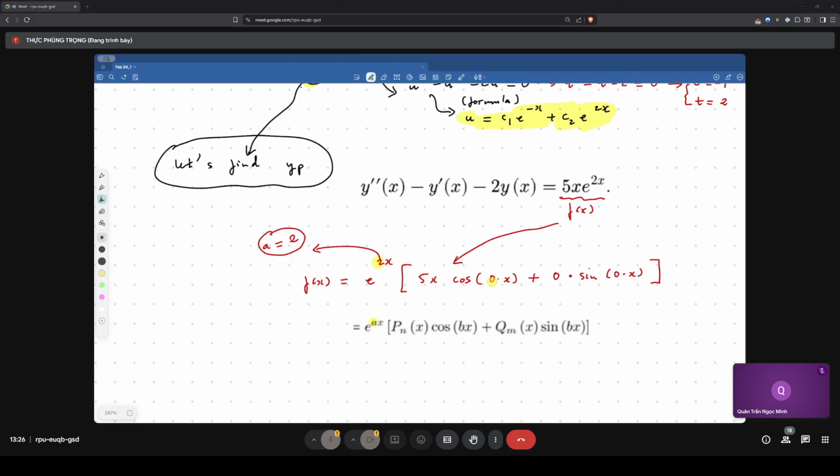Why do I write 0 right here, cosine 0s and sine 0s? Because in the setting we have cosine and sine, but in the function we have, you see no trigonometric function, sine or cosine, meaning that we should have 0 right here. So b is 0.